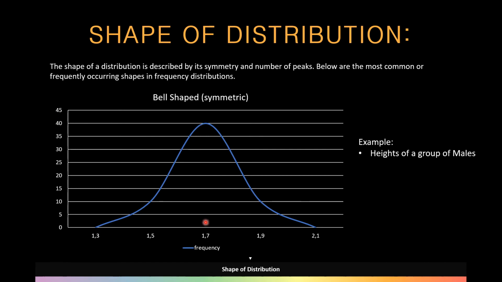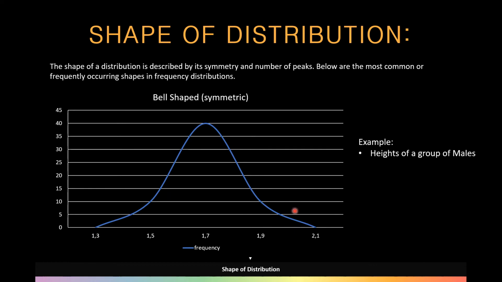And then we notice that from that point, if we have to go back, so moving from 1.7 and going down towards 1.3, the number of males start to drop. And if we had to go forward from the point of 1.7, so from our peak, we would notice that the number of males drop again.